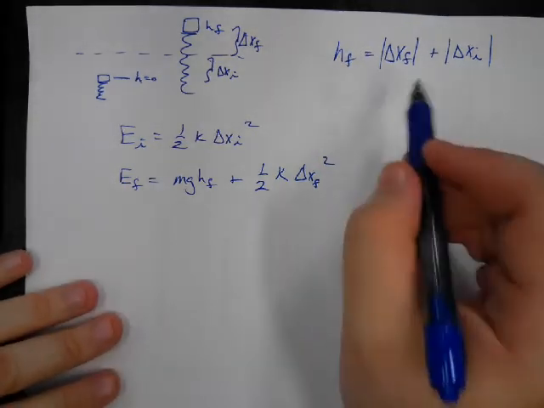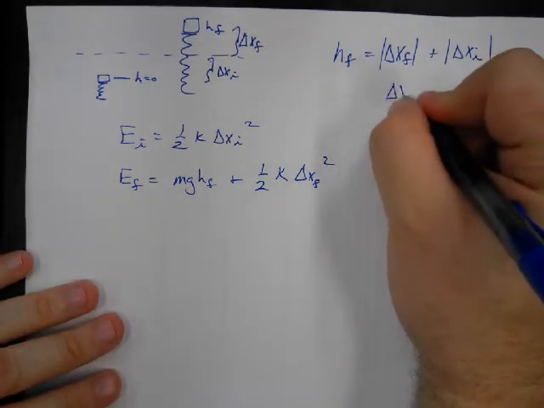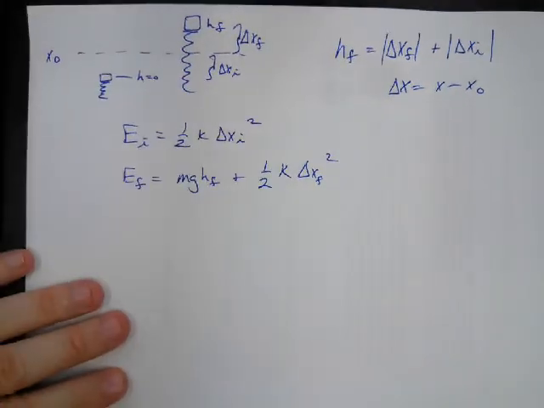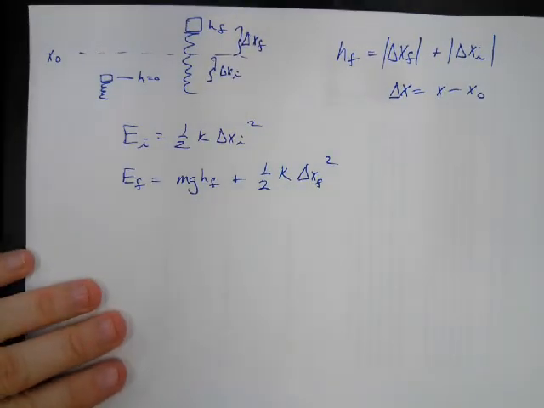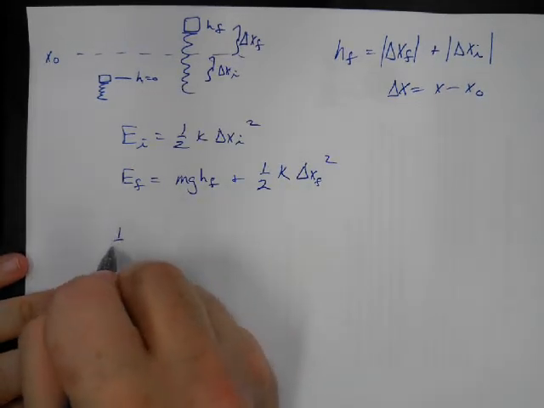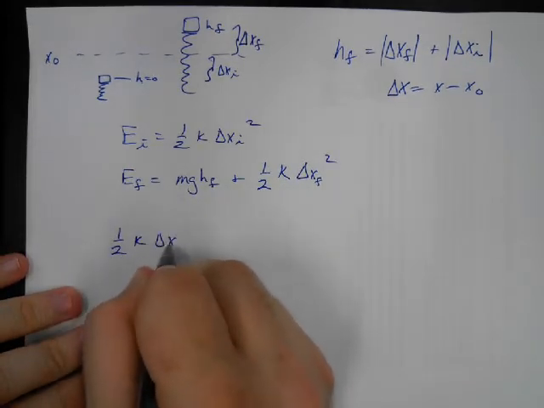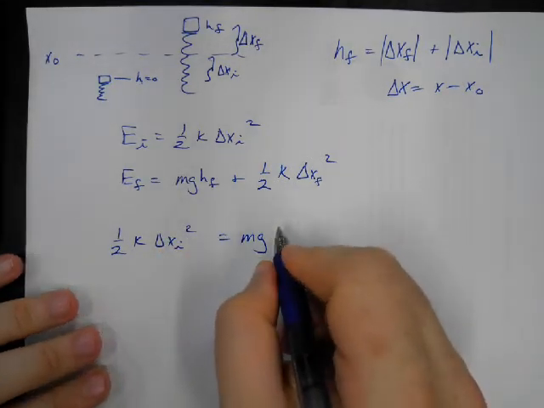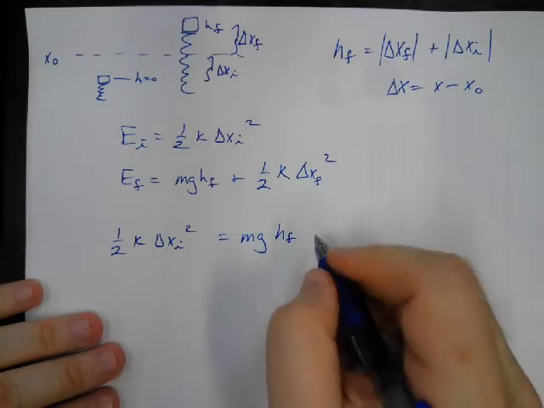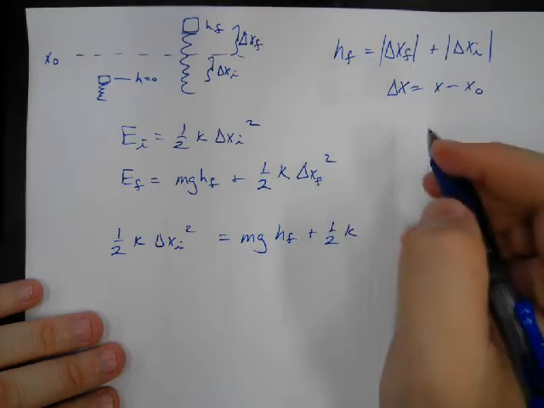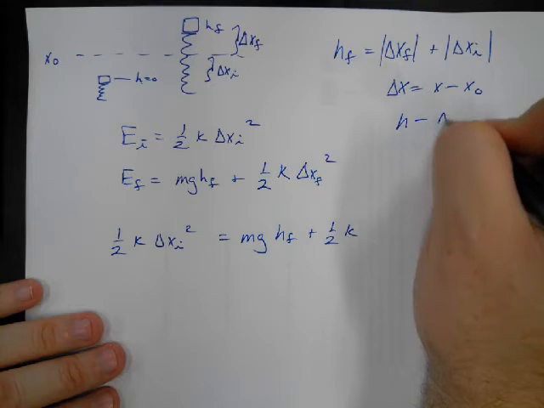These deltas are x minus x initial. So we'll set these equal, and we'll have 1/2 K delta x initial squared is mg h final plus 1/2 K. So delta x final has to be h final minus delta x initial.